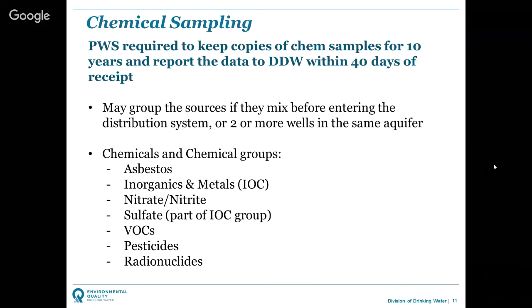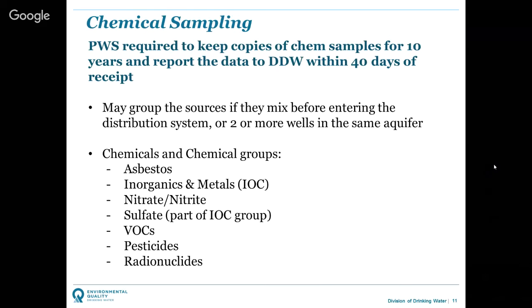So chem samples are usually taken at the entry point to the distribution system. So that's either at the well or at the spring, or maybe you have wells and springs that combine before serving any customers at a storage tank or something. So maybe you have an approved sampling station for those chem samples.